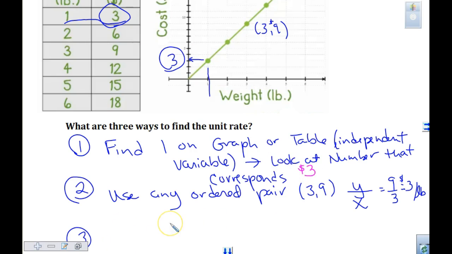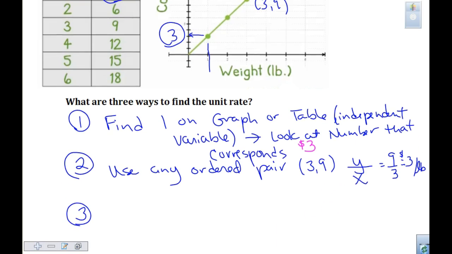The last method, anyone remember what they said for finding the last method? We're going to look usually at 2 ordered pairs.